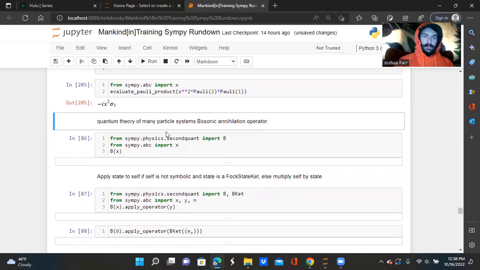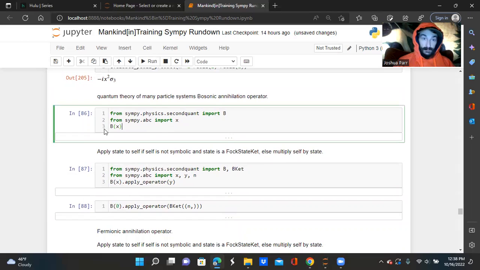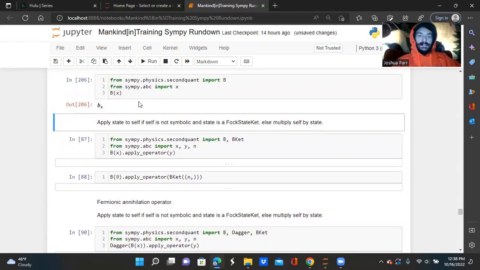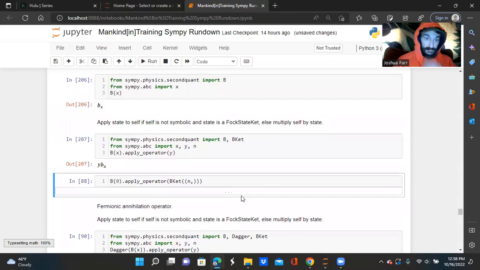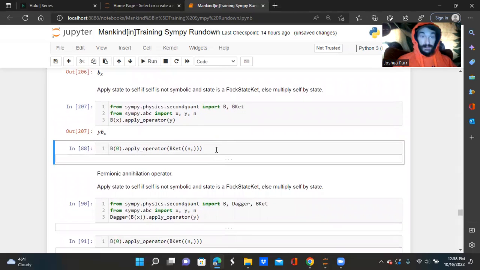Quantum theory of many particle systems, and here's a bosonic annihilation operator, creating a b of x, calling second quantization. So now I'm applying the state to itself if the self is not symbolic and the state is a Fock state ket, else multiply itself by the state. Importing bra and bracket, at b of x.